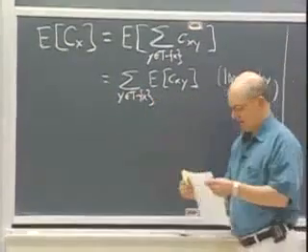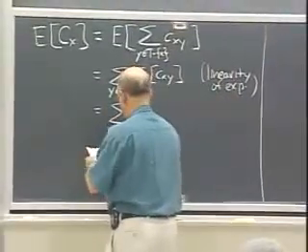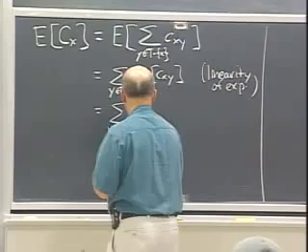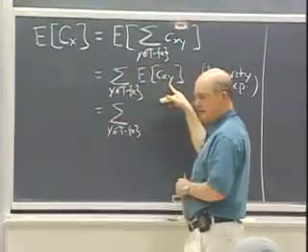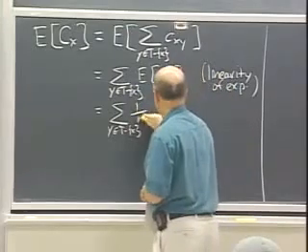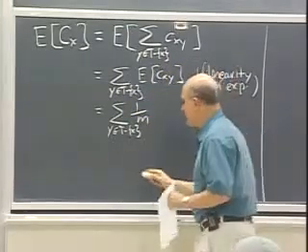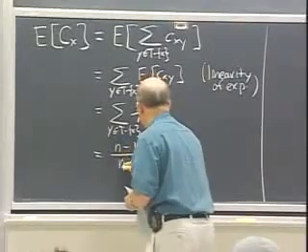And that's equal to, and now the math gets easier. So what is that? 1 over m. That makes the summation easy to evaluate. That's just n minus 1 over m.